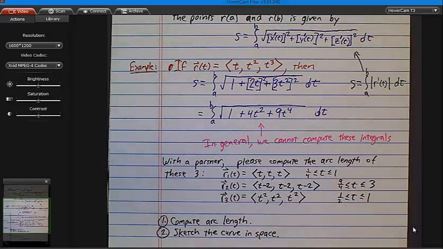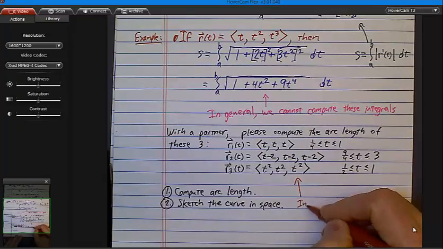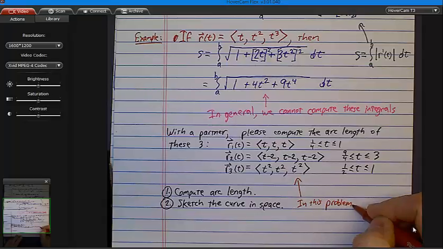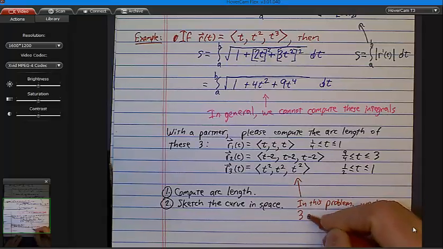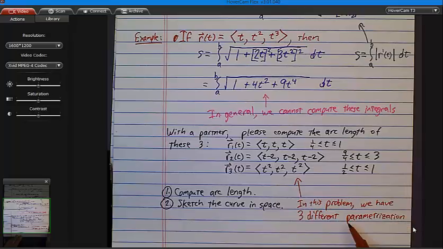The story is this, okay? In this problem, we have 3 different, and the word is what I used last time, parametrization. What a great word. You can't even use that in Scrabble, it's too long.